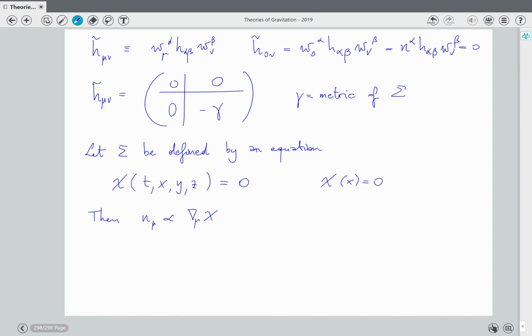Why? So let gamma denote a curve on sigma.